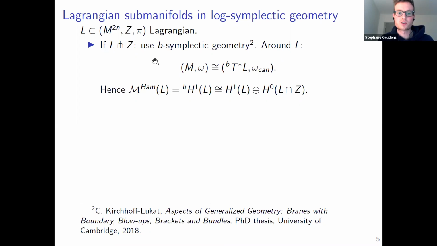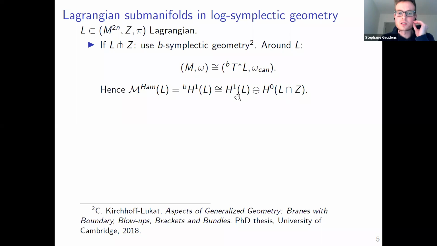Around a Lagrangian transverse to Z, the B-symplectic manifold (M, omega) is equivalent to the B-cotangent bundle of L. And as a consequence of this normal form, the moduli space of Lagrangian deformations by Hamiltonian diffeomorphisms is now the first B-cohomology of L.